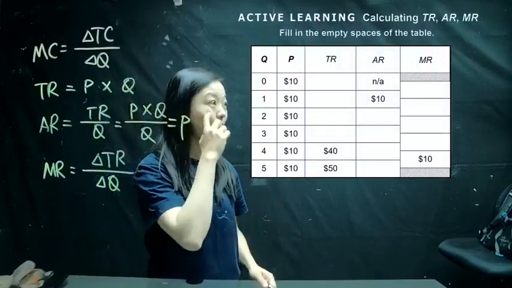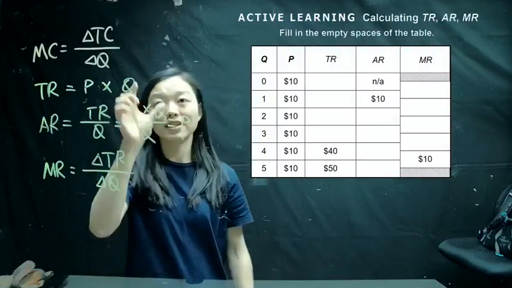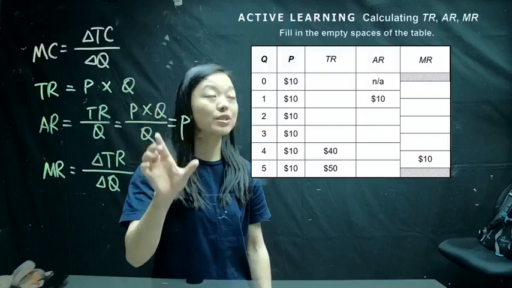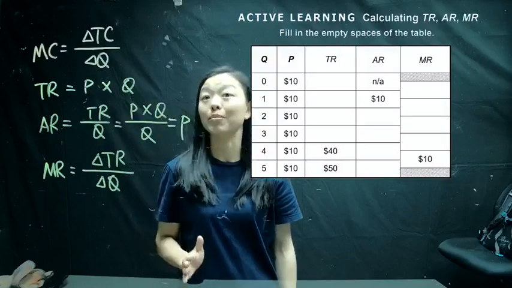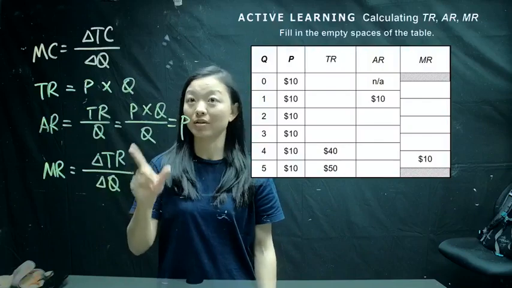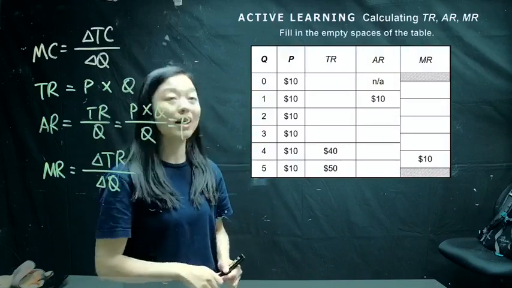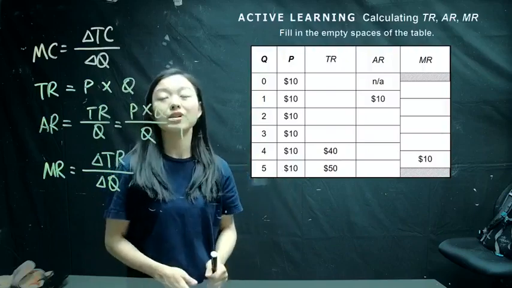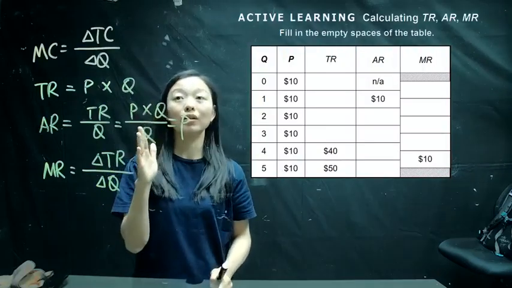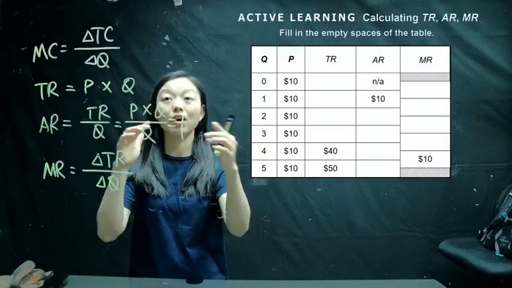Look at this table. The first column shows the quantity, from 0 to 5. The second column shows the price. You can notice the price is always $10, which means this is a perfectly competitive market. Nothing changed in price; everyone is just a price taker. What about the total revenue? The total revenue is price times quantity, so we multiply the numbers in the second column by the numbers in the first column.